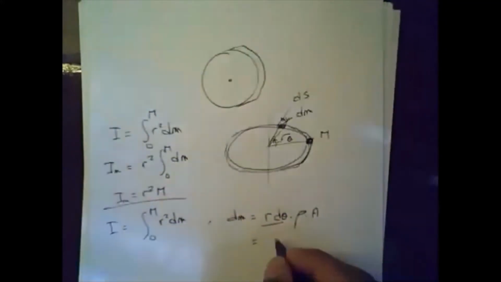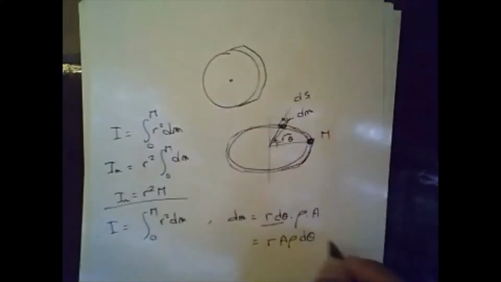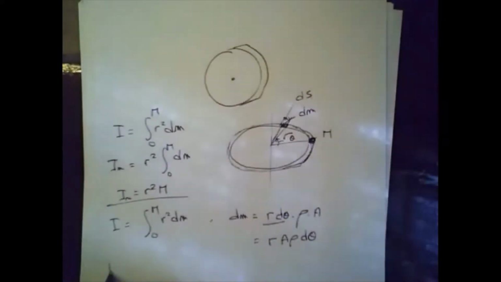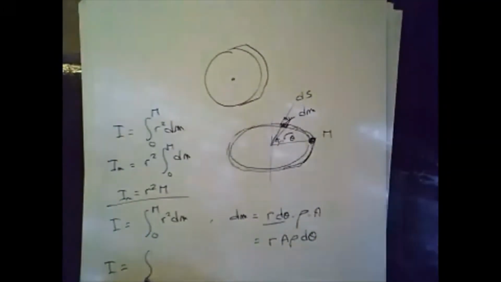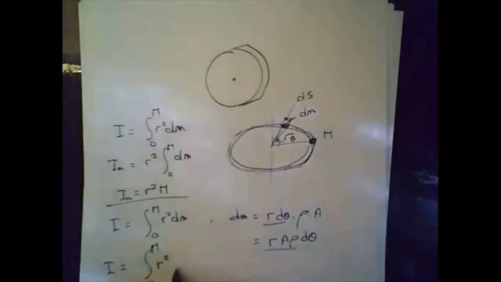So that would be dm equal to r A rho d theta. R is constant, A is constant, and rho is constant in this case. So I would be equal to r squared multiplied by dm, which is r A rho d theta.